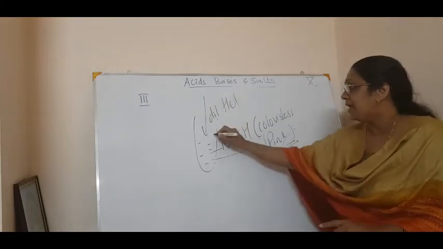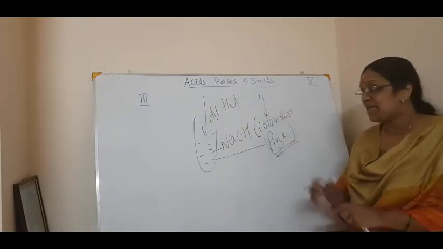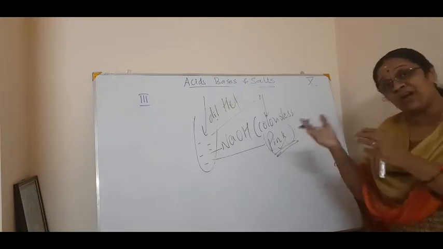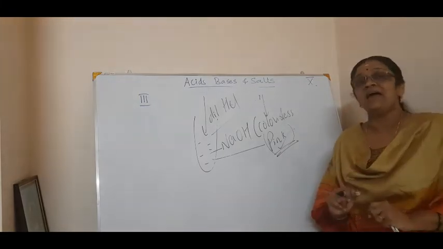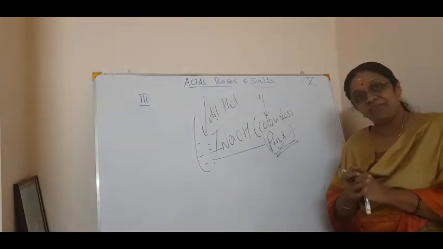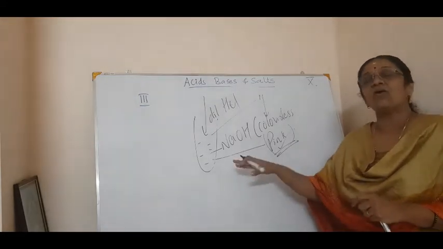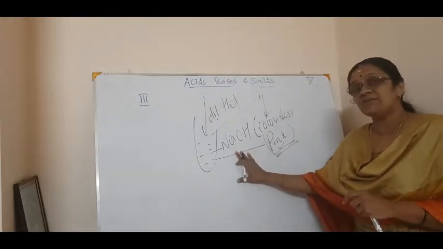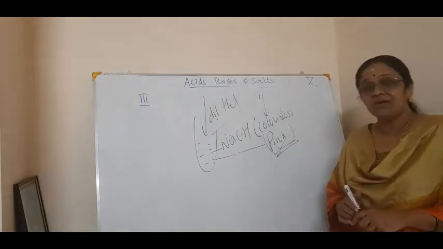Again this changes to colorless. See? That means this acid is getting neutralized by the base and the base is getting neutralized by the acid. That is vice versa. That is why we say an acid reacting with a base gives salt and water, which is called a neutralization reaction.